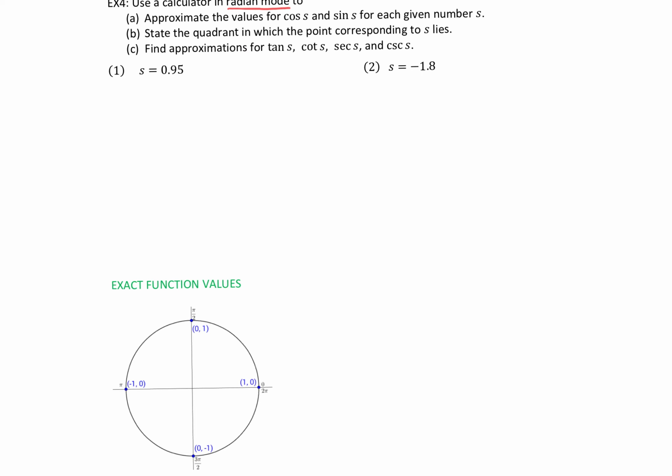So let's say we're looking at an arc length of 0.95. All we would have to do is, in your calculator, use the cosine function, put in 0.95, and make sure you're in radians. I get a long decimal, so maybe I'll go out to 0.58168.